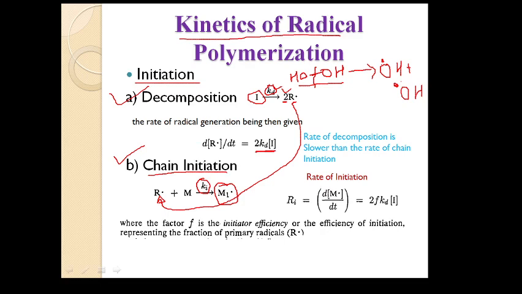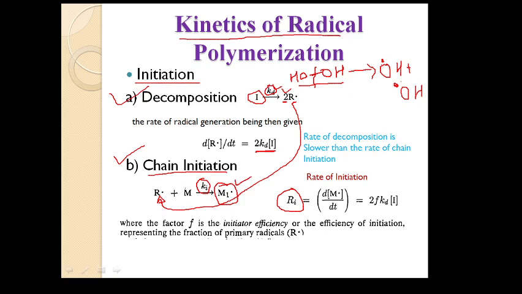If you see the overall rate of the initiation step, we can say that the overall rate of initiation depends upon the decomposition step, right? So we will write the rate of initiation as nothing but the rate of decomposition of the initiator. Here we can say that the rate of initiation is actually the rate of formation of the first active monomer-attached species to the initiator.